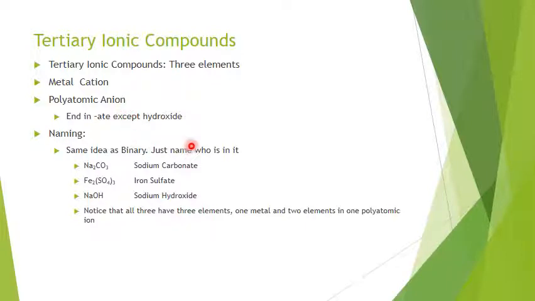So let's go over naming first: formula to name, and then name to formula. Let's go over this one here, Na2CO3. First of all, you want to know if it's ionic. It's ionic because it has sodium in it, a metal. It's tertiary because it has 3 elements: Na, C, and O. If it's tertiary, that means it has a polyatomic in it.